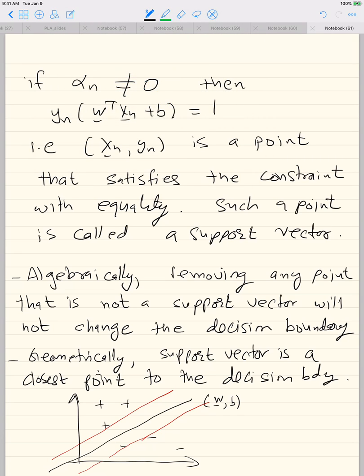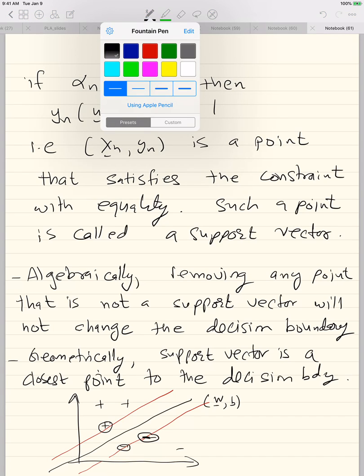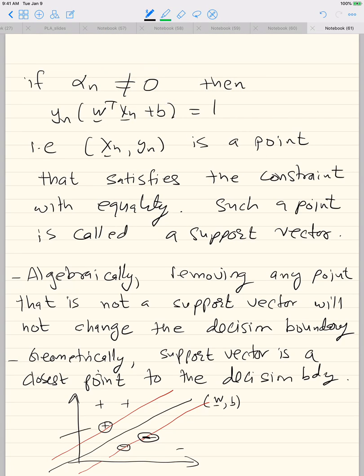So imagine that there are 3 points, this one, and this one. These are what are called the support vectors. These are the only points at which alpha i's will be non-zero. For all the remaining points, the dual variables will be zero. So the dual variables will immediately tell us which points are the support vectors and which are not.